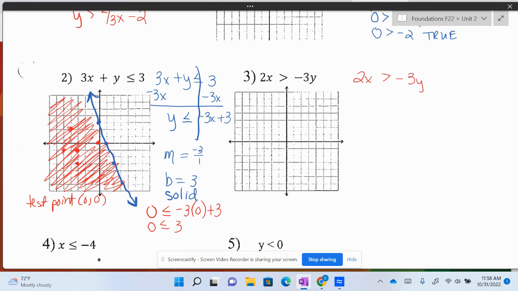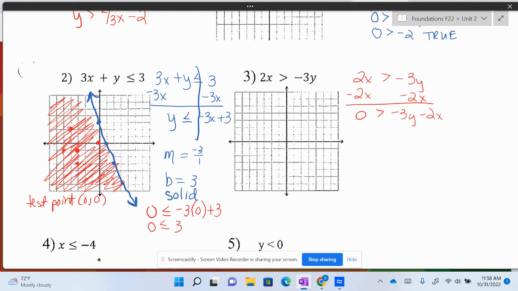So we'll subtract 2x from both sides first. That's going to put a 0 over here, so 0 is greater than negative 3y minus 2x.